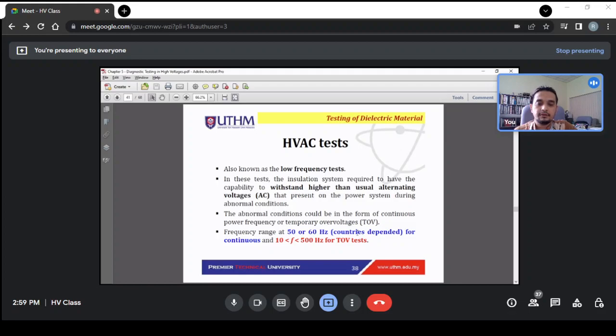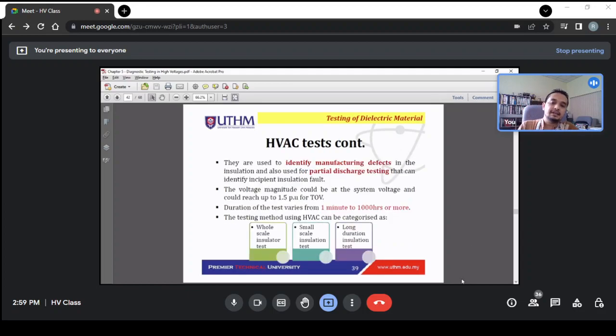Normally for frequencies other than 50 and 60, we call it the temporary over voltage test, the TOV test. Normally in an over voltage test, the frequency will be greatly affected. It can be between 10 to 100 hertz.